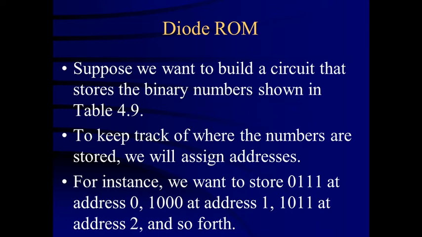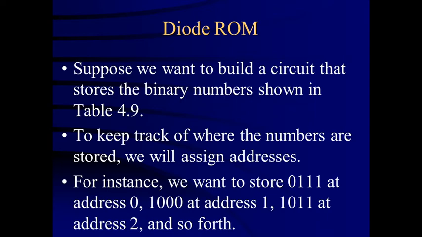Suppose we want to build a circuit that can store the binary numbers shown in Table 4.9. To keep track of what numbers are stored, we will assign addresses. Now, in a diode ROM, we store nibbles, we store data. Now, there is another question. When you want to retrieve the data, you don't know where the data is. So you have to give them some addresses, or locations.